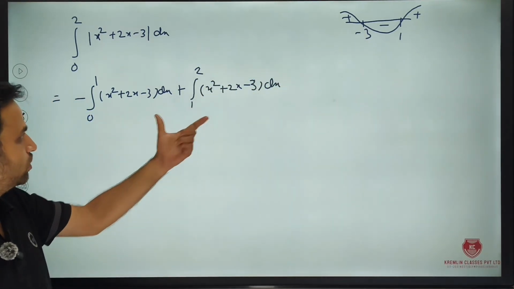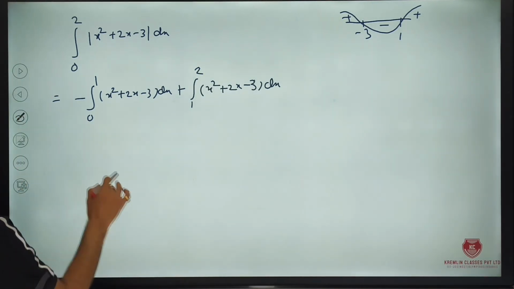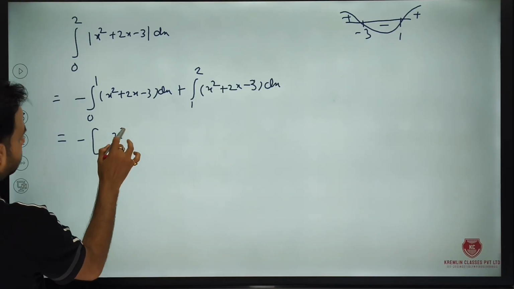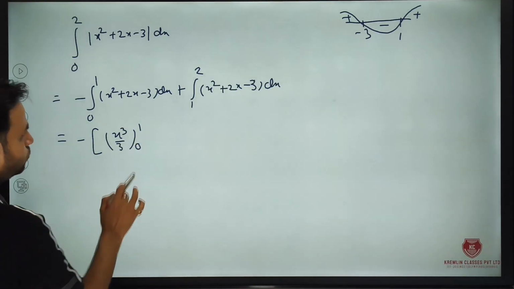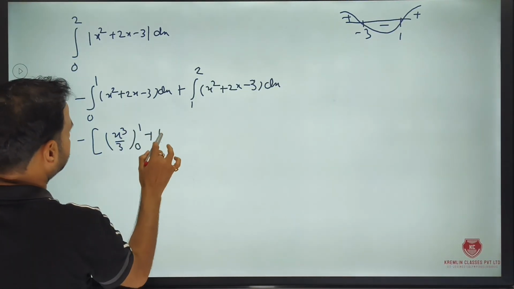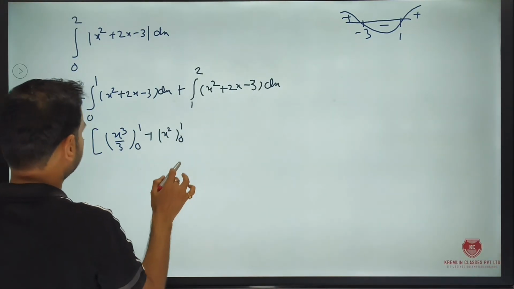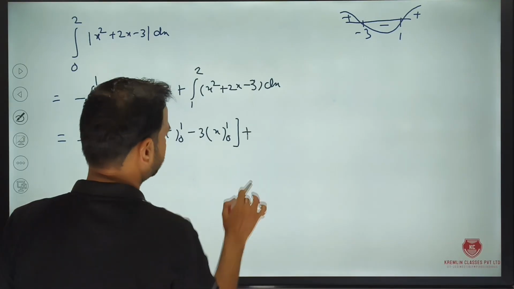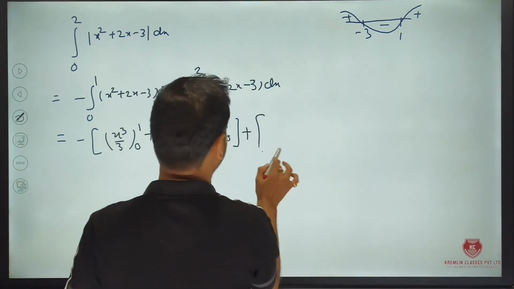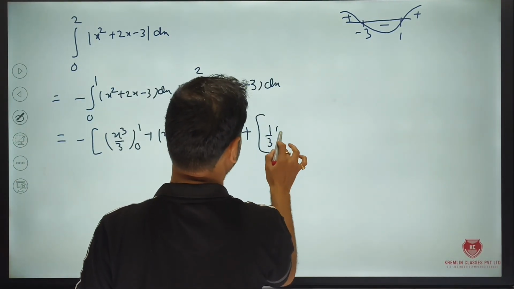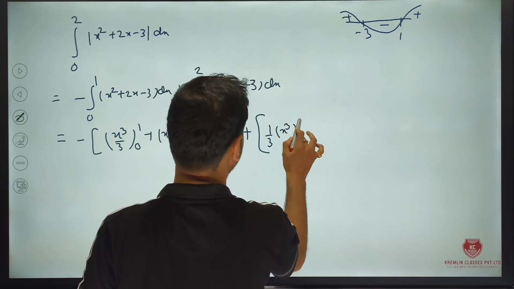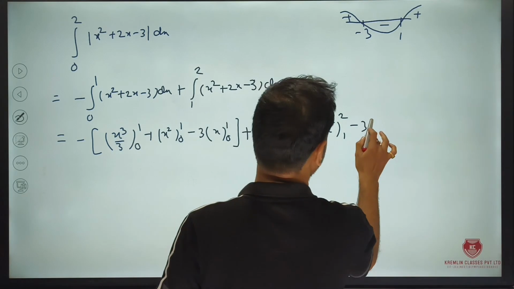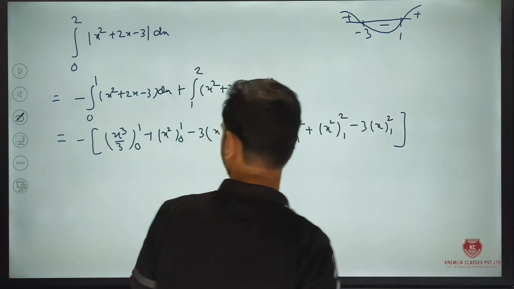Okay, we can now easily solve it. So just try to solve. Minus, this is x cube by 3 from 0 to 1, this is x square by 2, so x square from 0 to 1, this is minus 3x from 0 to 1, plus, in this bracket we will solve it, x cube by 3 from 1 to 2 plus x square from 1 to 2 minus 3x from 1 to 2.